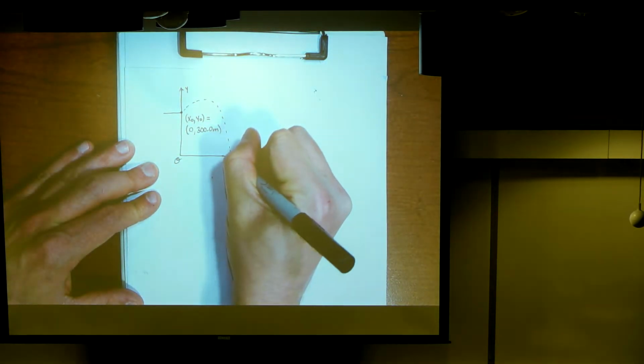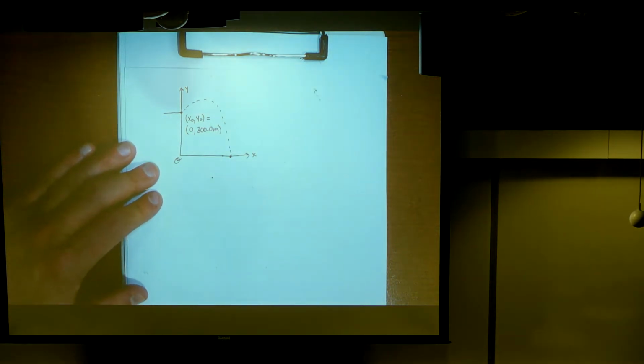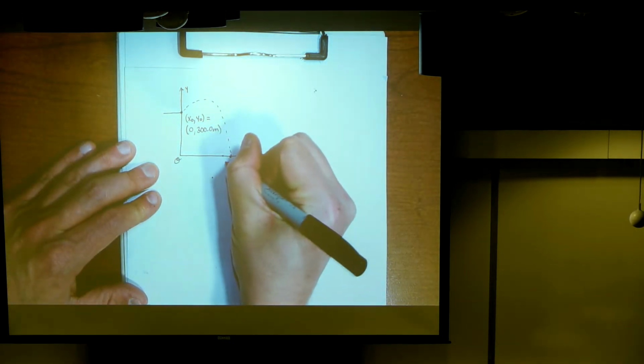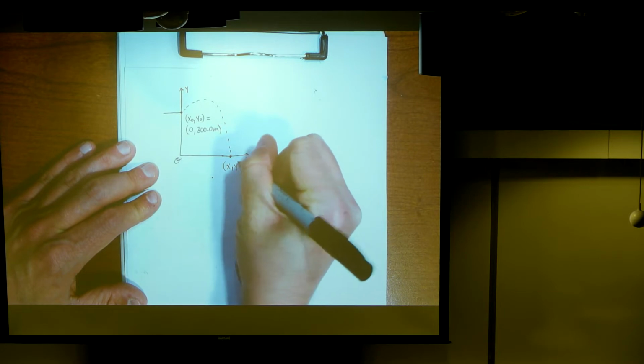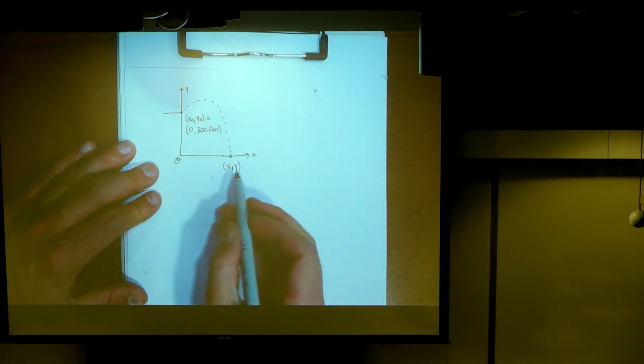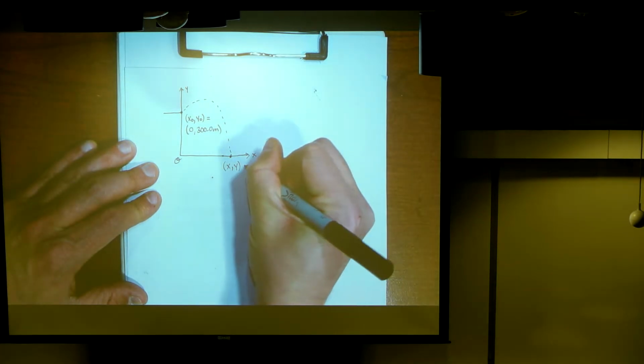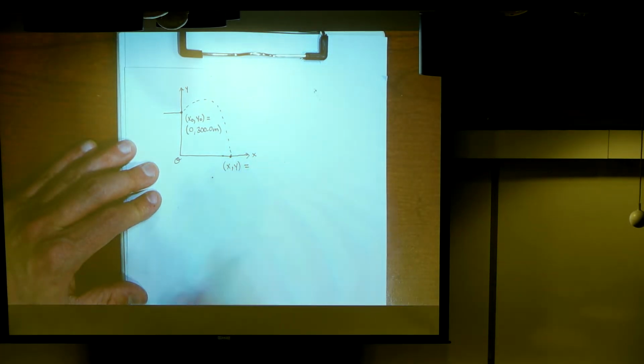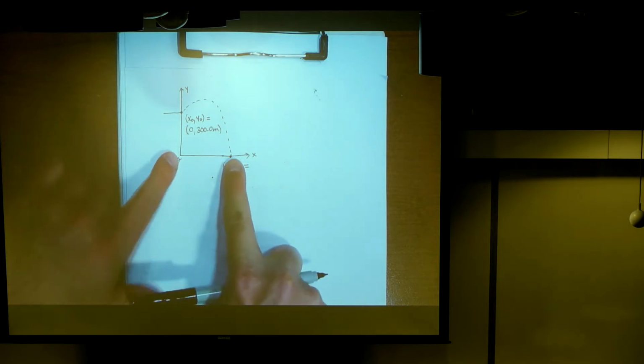What about down here? Now remember, the way I write my final position is just to say x, y, without the subscript 0. Okay? That's how this works. So, do I know my final x position? Do I know, in other words, how far along the x-axis I am from the base?